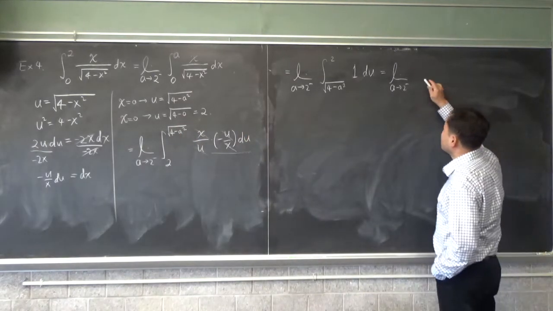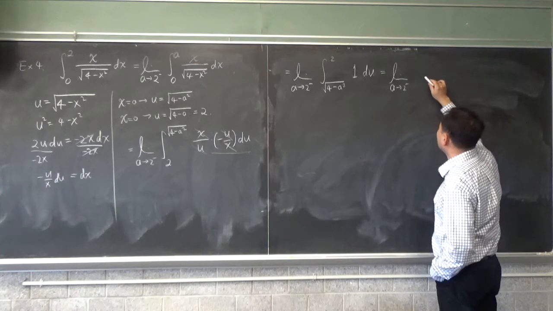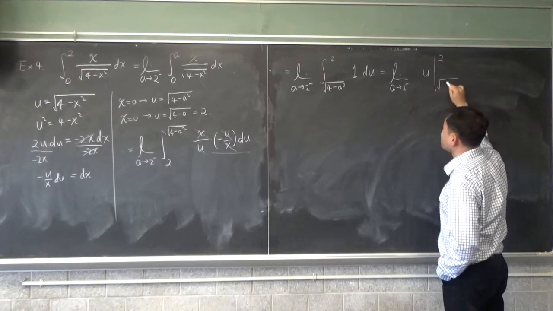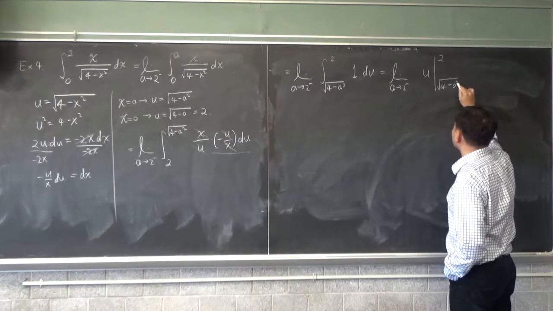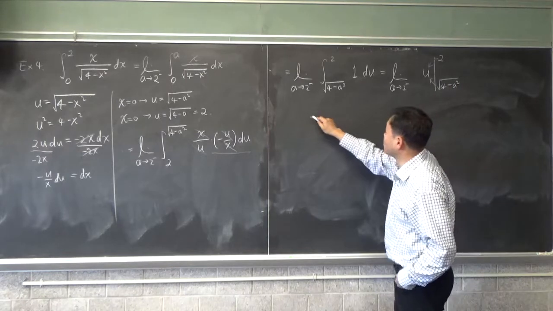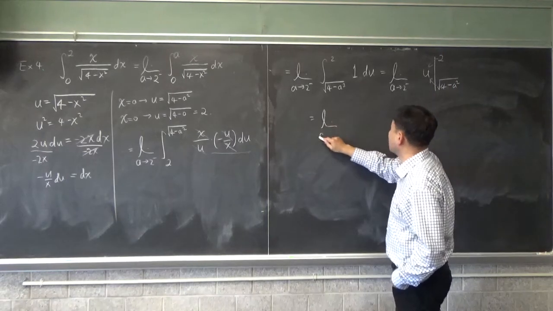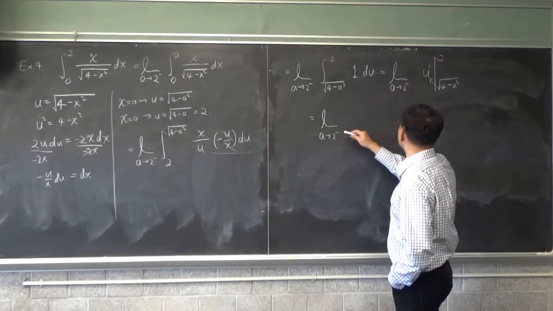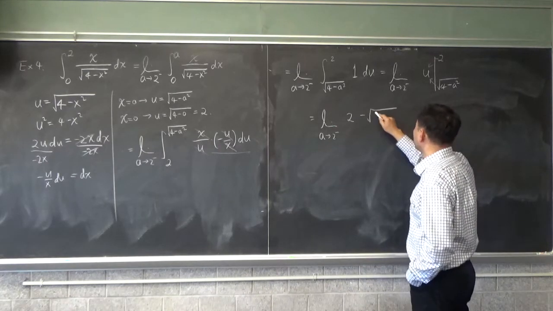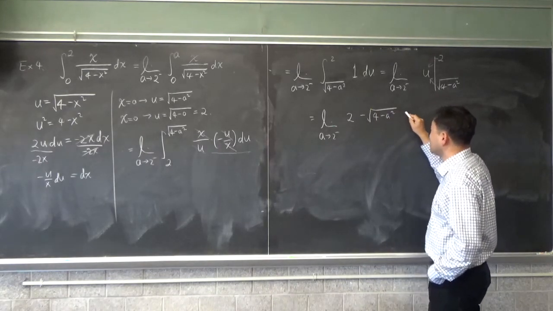Okay, and then the integral of 1 will be u, and you plug in 2, and square root of 4 minus a squared will be plugged into this one, and you subtract, so it's going to be the limit of a going to 2 minus of 2 minus square root of 4 minus a squared.